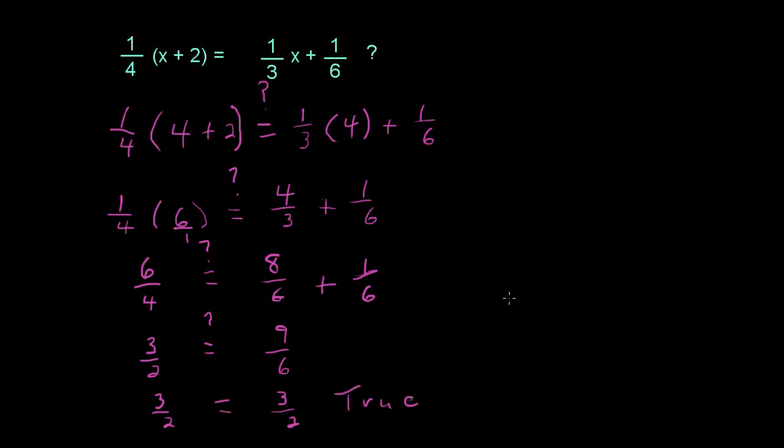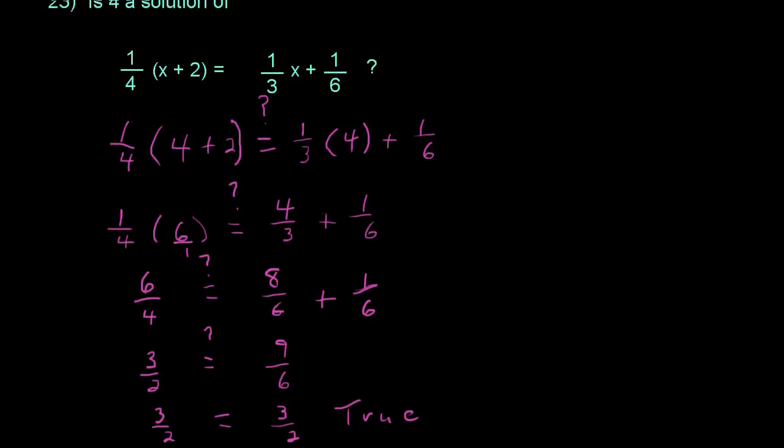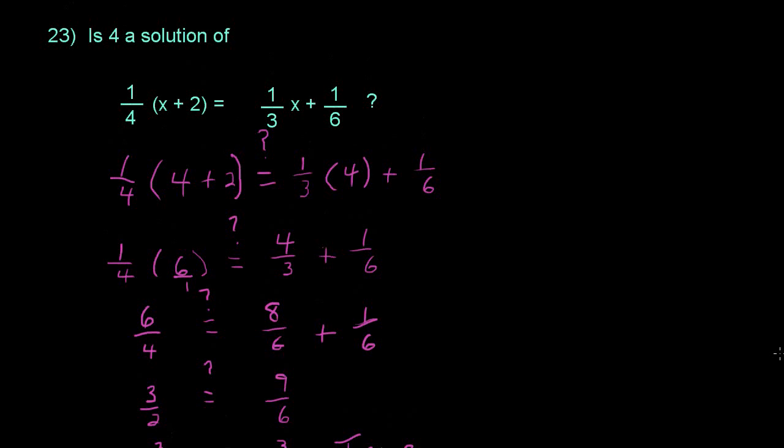So sure enough, we have a true statement. And so we do see that 4 is a solution because it made for a true equation. Our equation was true when we put 4 in place of x, and so 4 is a solution.